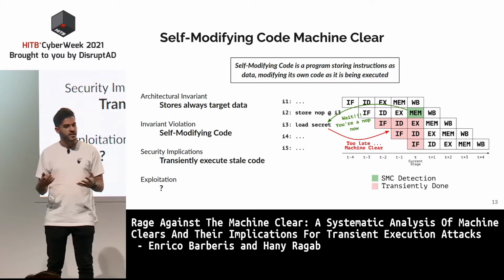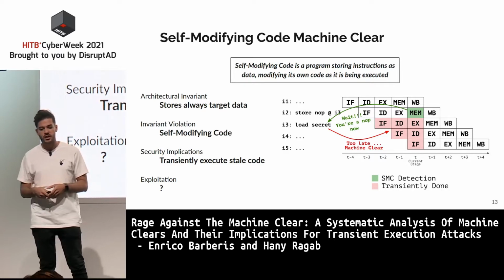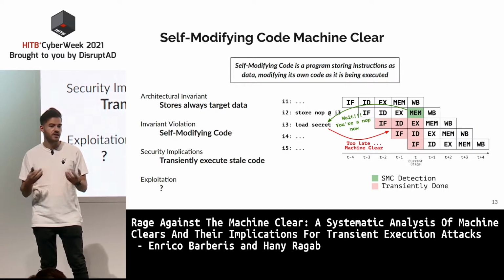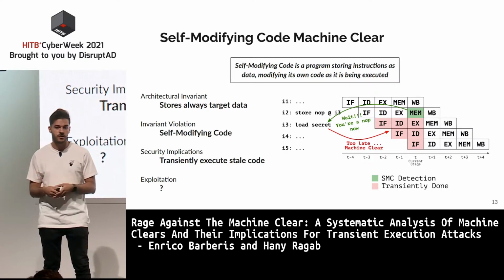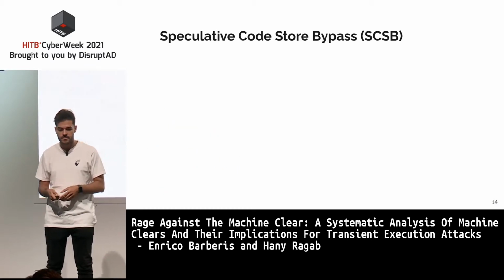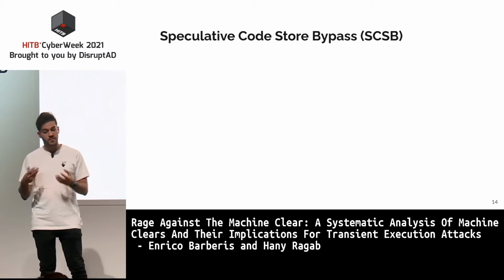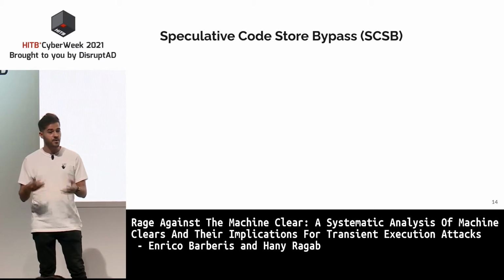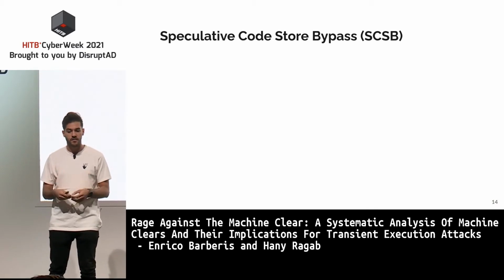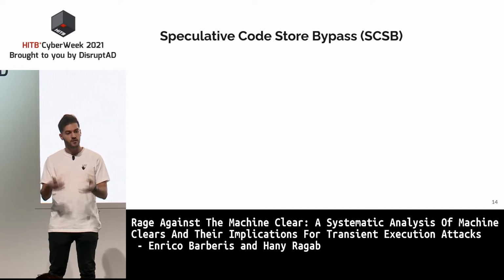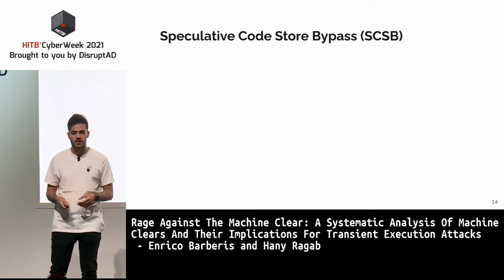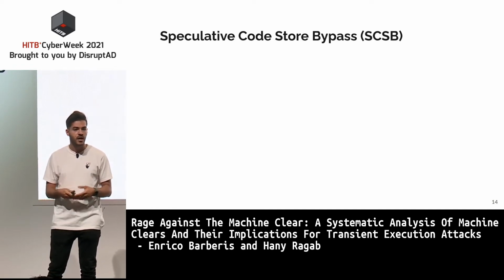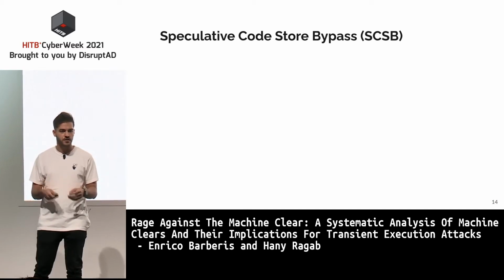And in order to understand how we can exploit such behavior, we need to understand what is the attack primitive that this type of machine clear provides us with. So speculative code store bypass is an attack primitive that is built on top of a transient execution window created by a self-modifying code machine clear, which allows an attacker to execute stale code under its control.